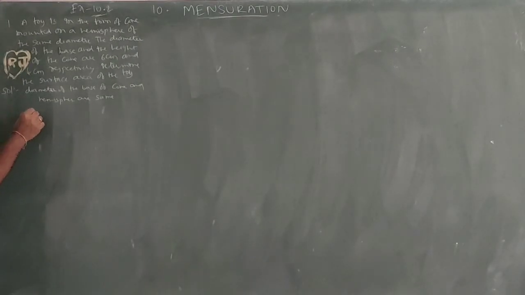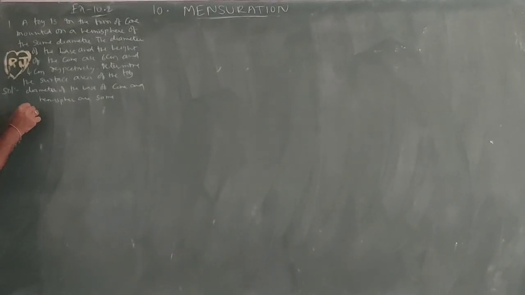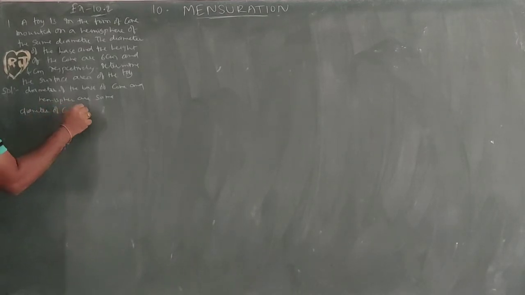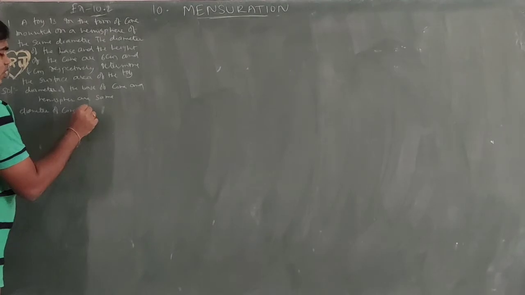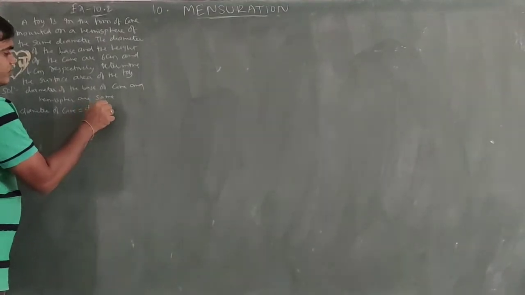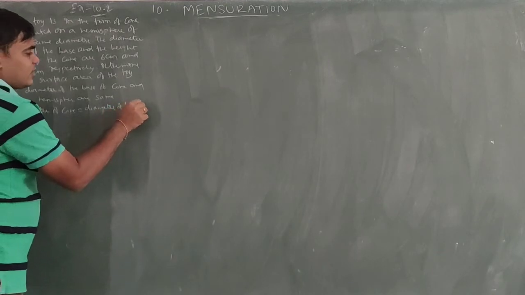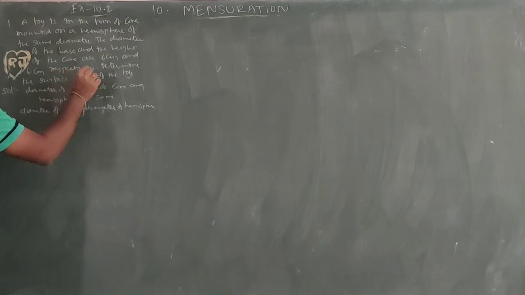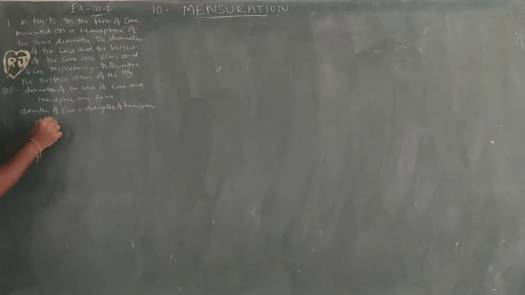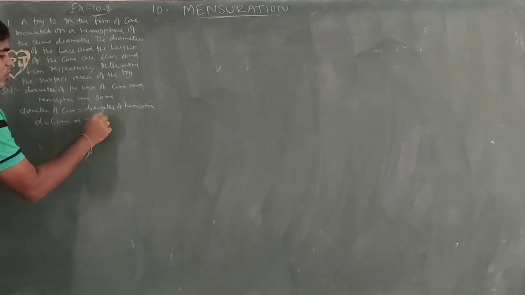Let D be the diameter of the cone, equal to the diameter of the hemisphere. The diameter is given as 6 centimeters, which implies radius r equals 3 centimeters.